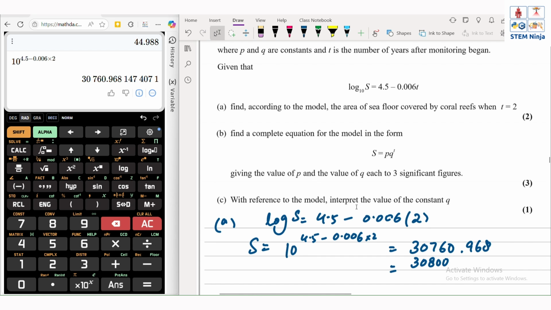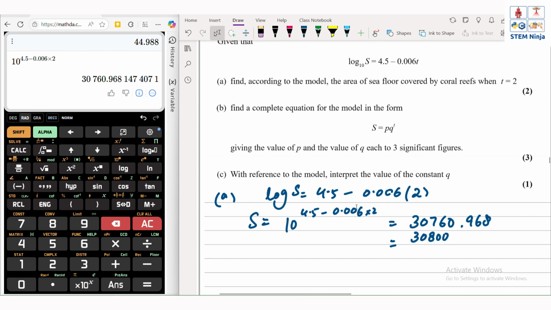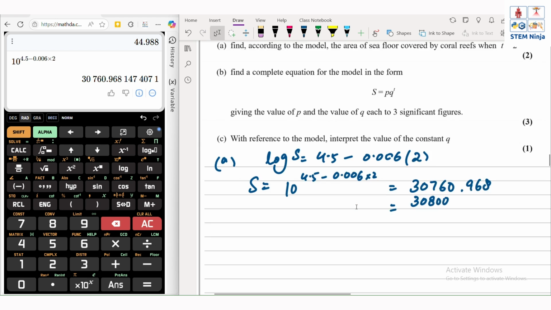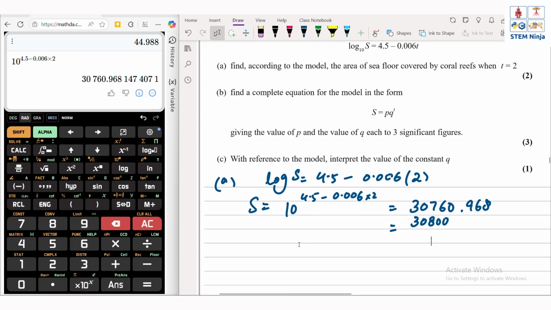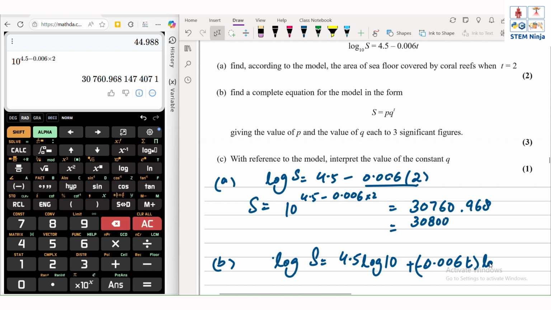Now, find a complete equation for the model of the form, given the value of P. Okay, so basically we just need to compare these. Right, so we have log S is equal to 4.5 log 10 minus 0.006 t times log of 10.